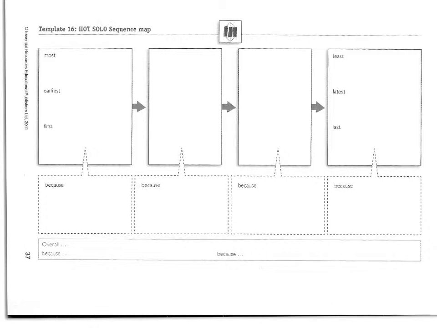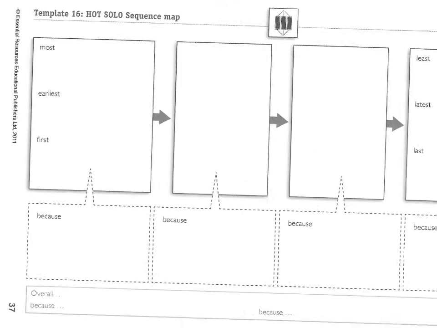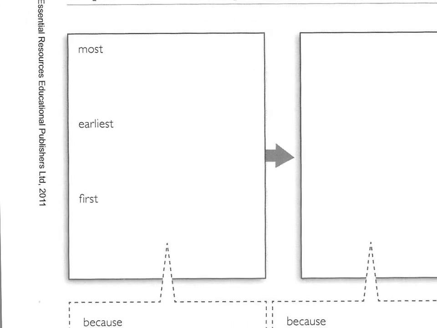So, let's go through and actually do something together. If we took the story, The Three Little Pigs, we would need to look at the aspects of that that are the most important to the plot, what happens in the story. So, bearing that in mind, let's take the first part.